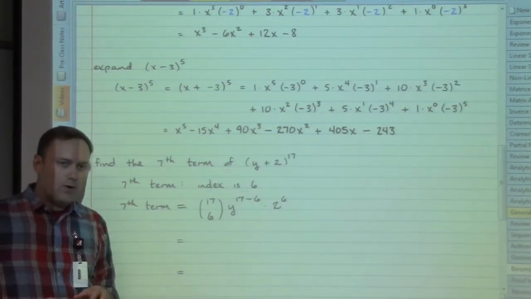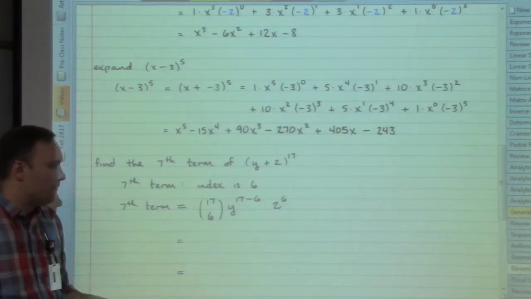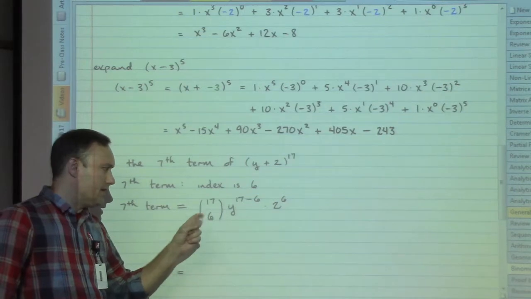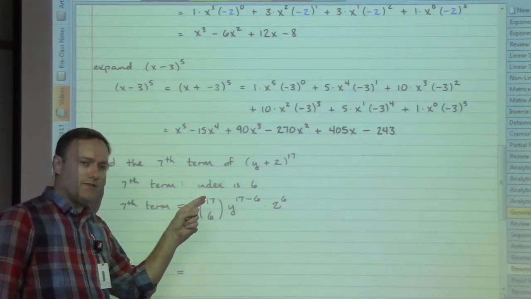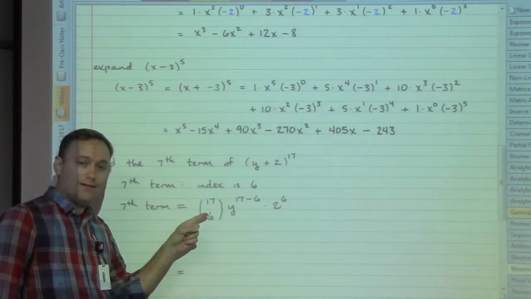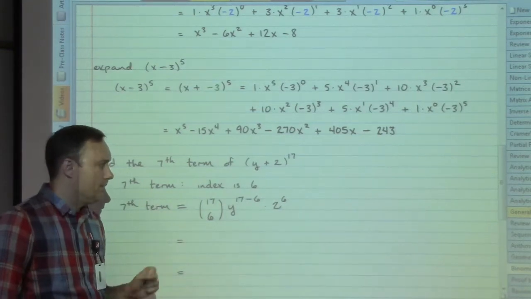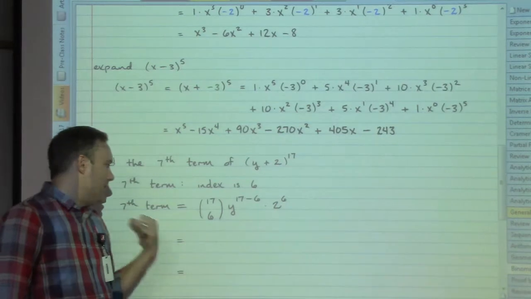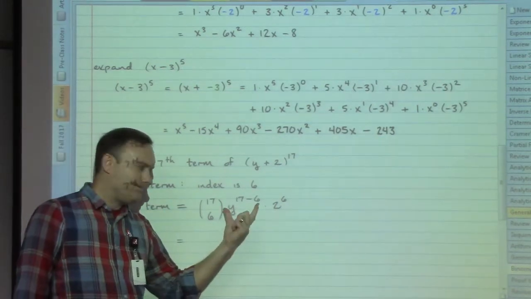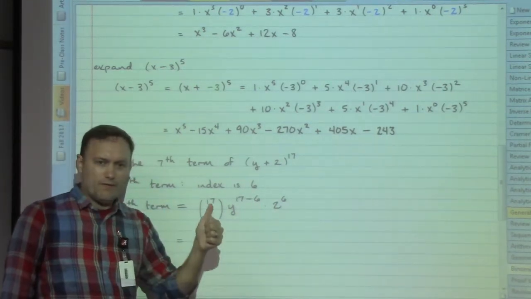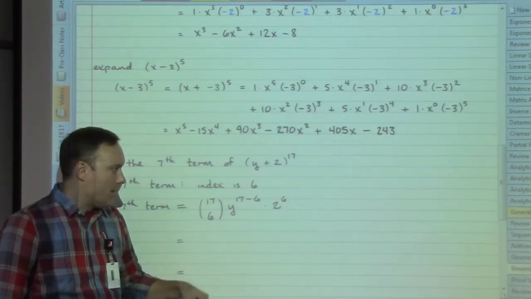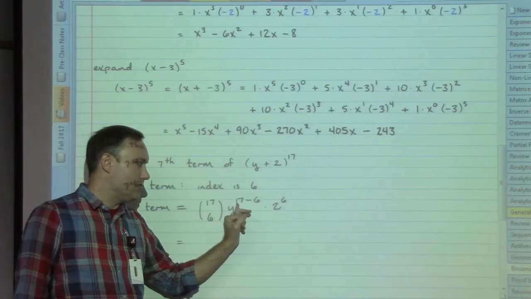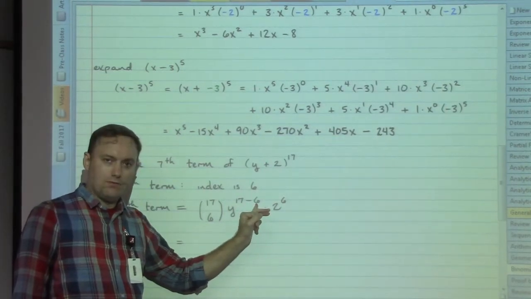What that means for us back in our binomial theorem is that this coefficient is going to come from the combination of 17 and 6 for that index. That first term from our binomial, which is now a y, starts with the 17 and then drops back. It drops back, well, based on the index. So 17 minus 6.